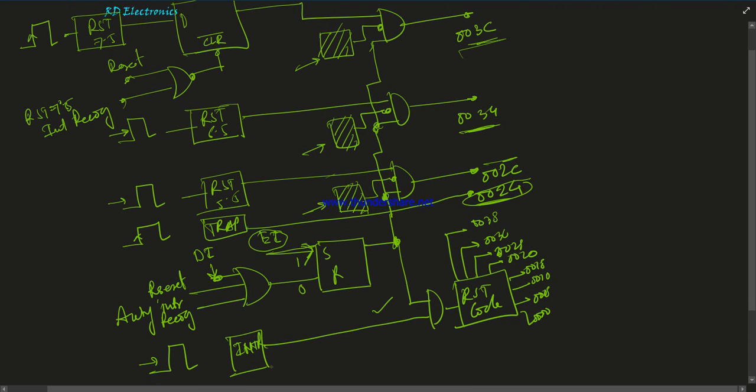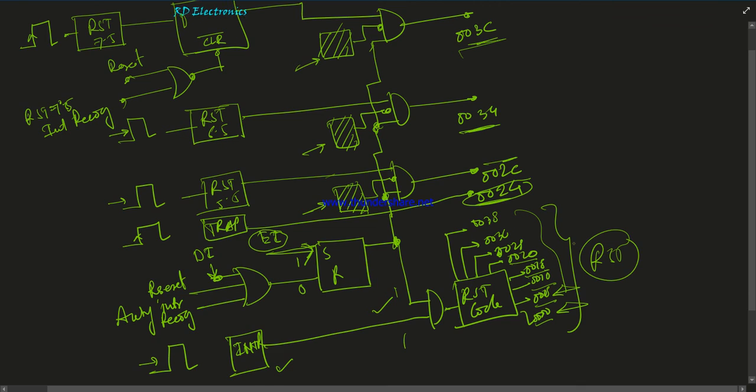Now this is INTR. When INTR gets activated and the enable interrupt is 1, then this AND gate gets selected, and 8 different RST instructions are supported. This is for RST 0, this is RST 1: 0000, 0008, 0010, 0018, 0020, different memory locations.